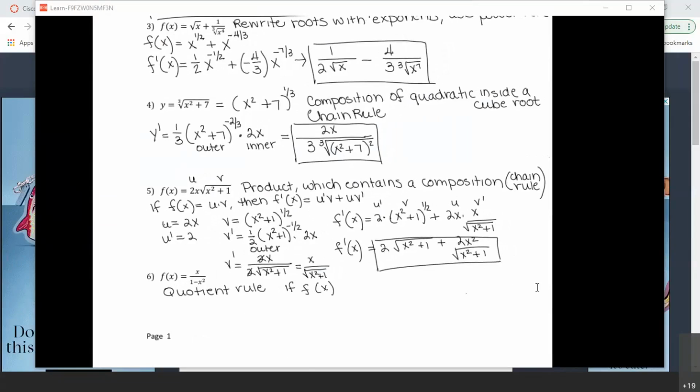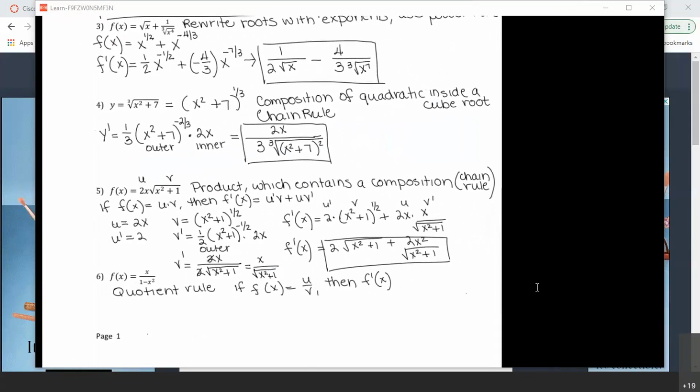So if my function is a quotient of u over v, then the derivative of it will look like this. Because this is going to have a subtraction in the numerator, it's important to realize it leads with the function that's in the denominator.